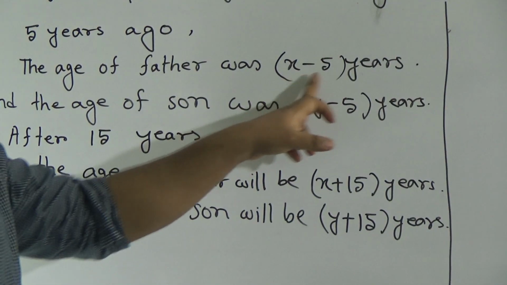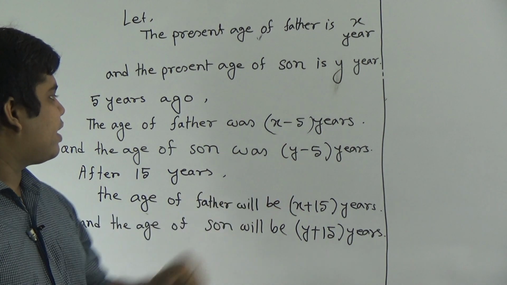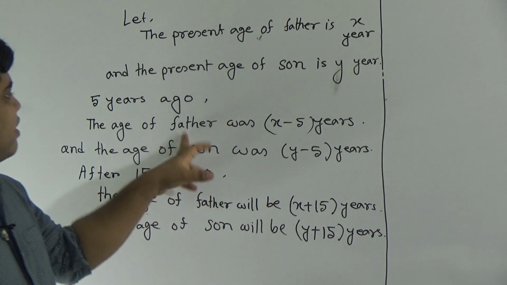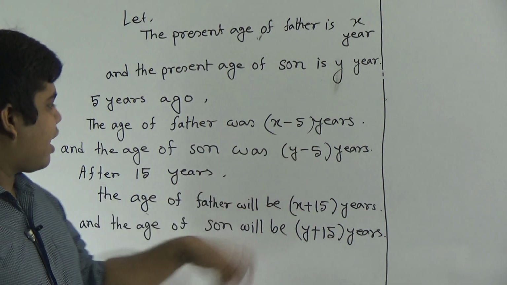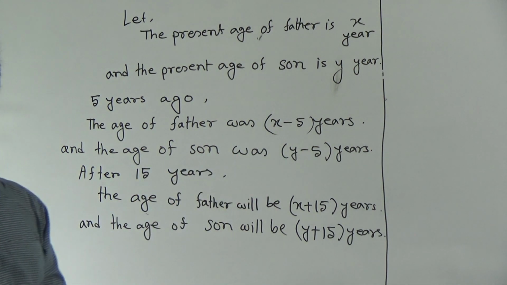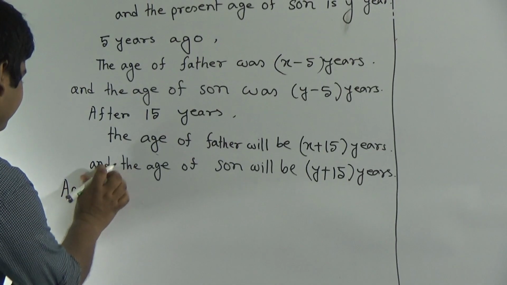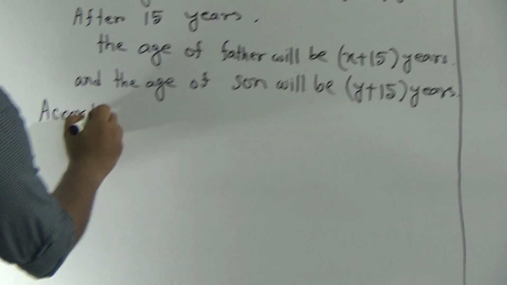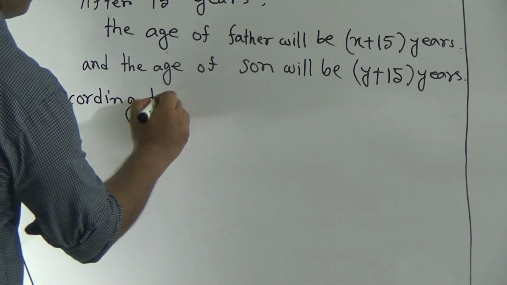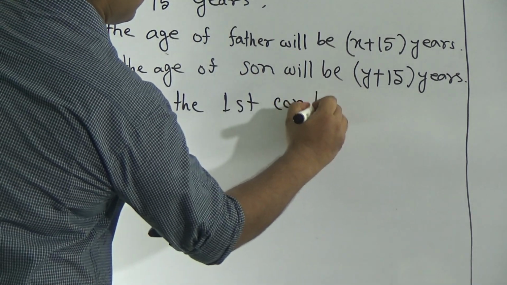Father's is x minus 5 and son's is y minus 5. So write according to the first condition.